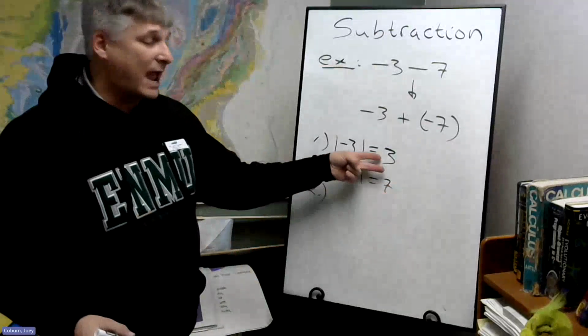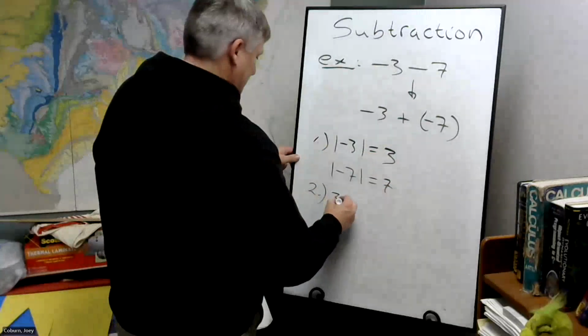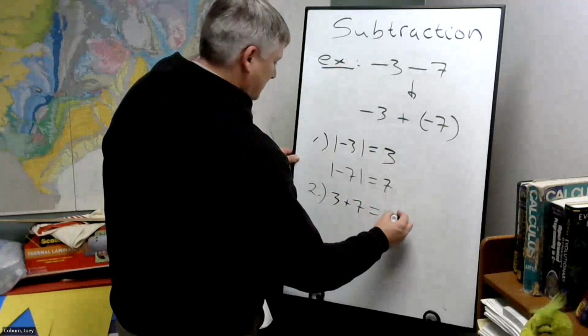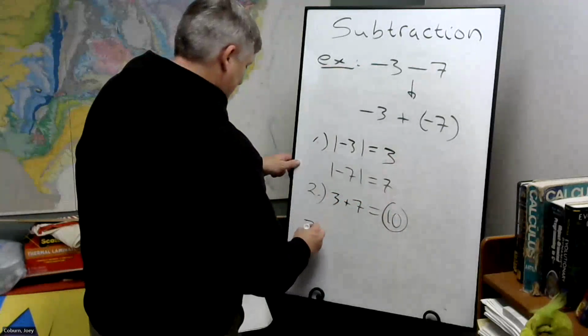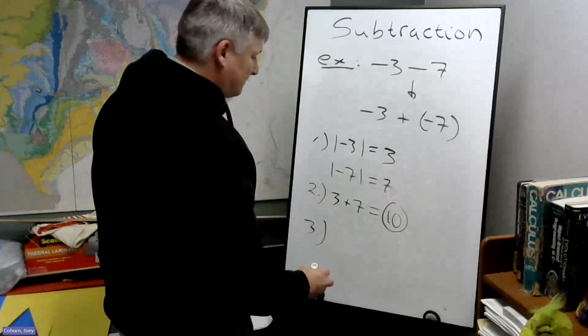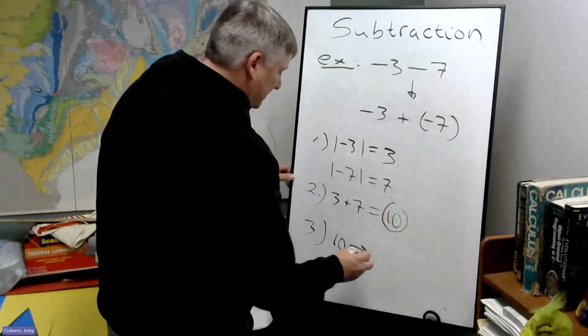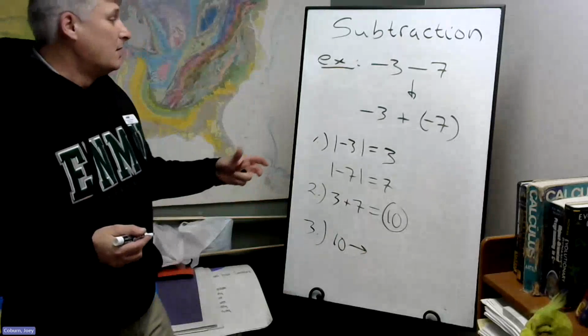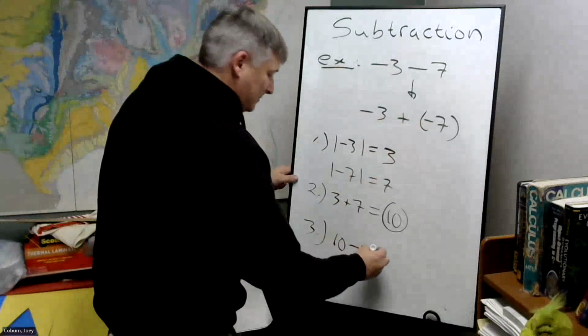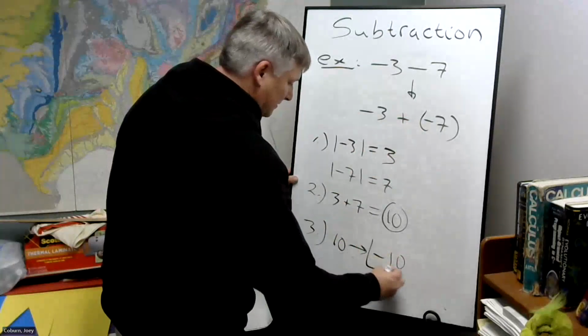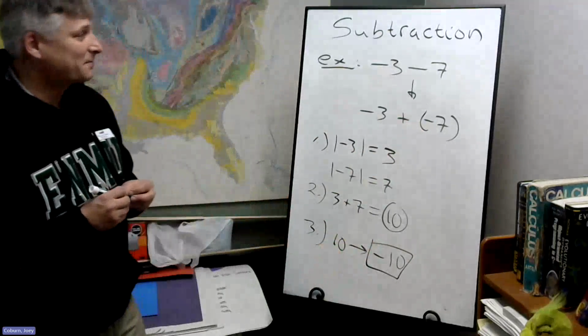And in this procedure, we add them. That gives us our preliminary number. And then finally, we take our preliminary answer. What was the sign of both these numbers? Well, it was a negative. That means our answer becomes negative.